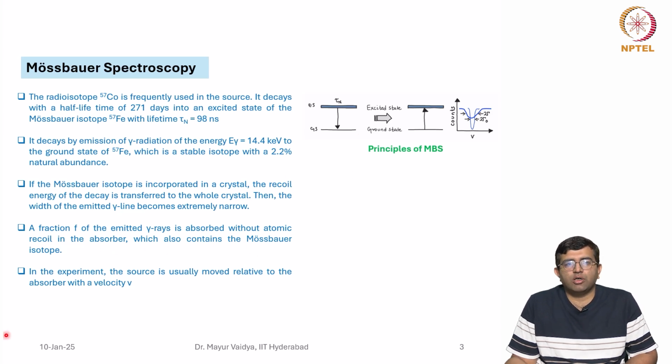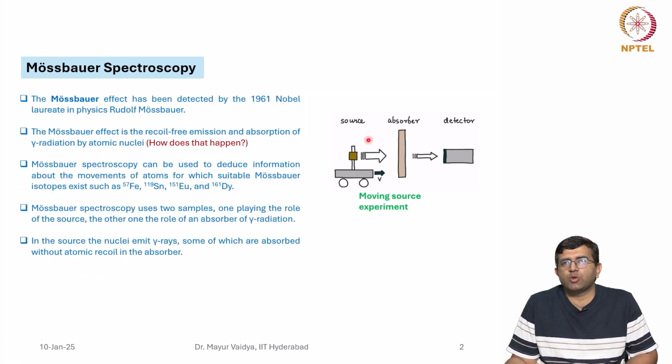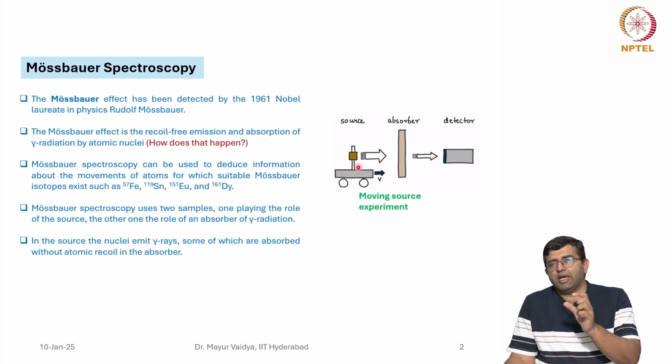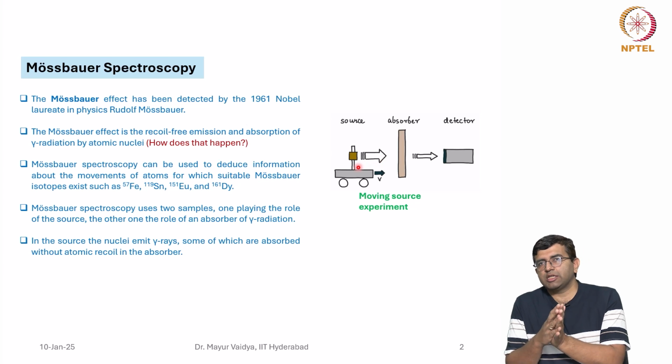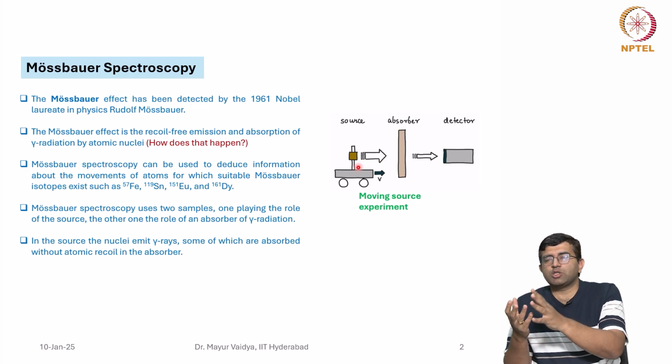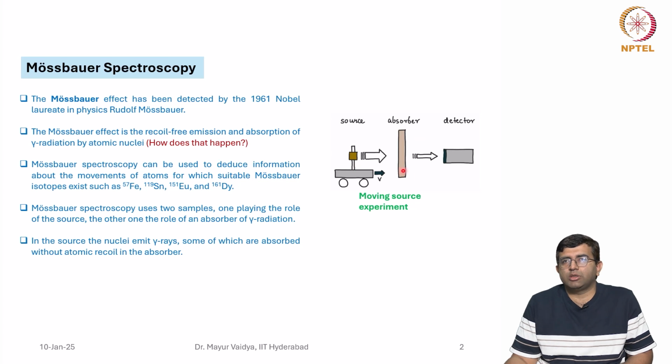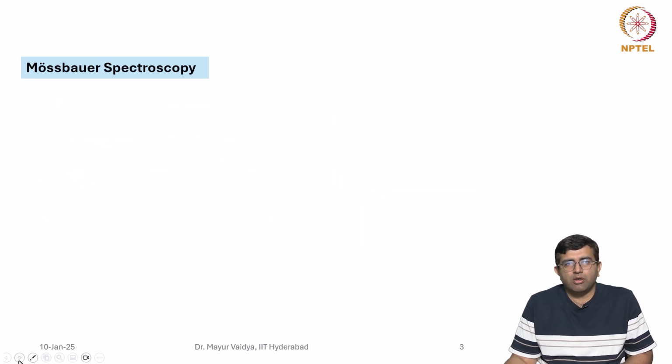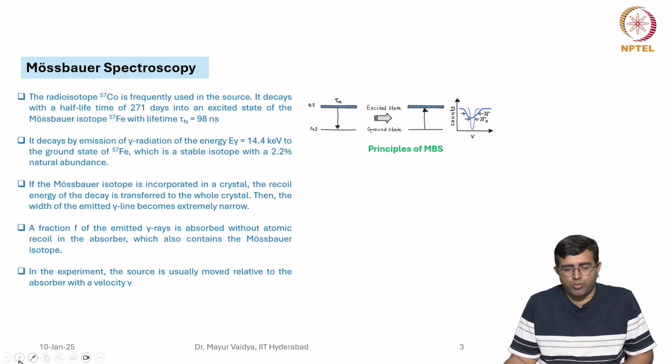So, we saw here that you have this source which basically converts to 57 iron, and this 57 iron once it decays by emitting gamma rays, then these gamma rays are also absorbed by the absorber, which also contains the Mössbauer isotope.